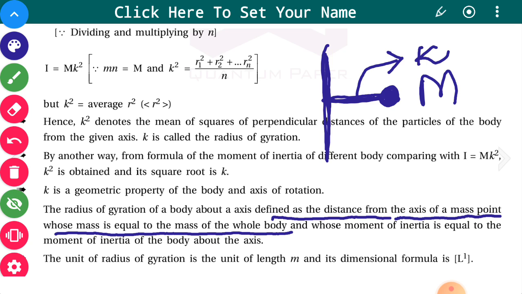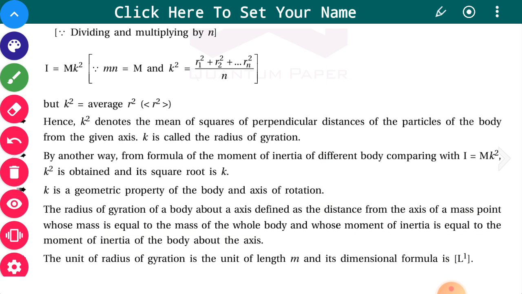So the radius of gyration of the body about an axis is nothing but the distance from the axis of a mass point, whose mass is equal to the mass of the whole body and whose moment of inertia is equal to the moment of inertia of the body about that axis.